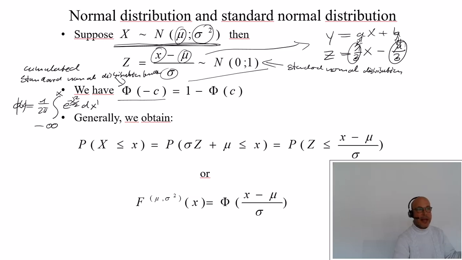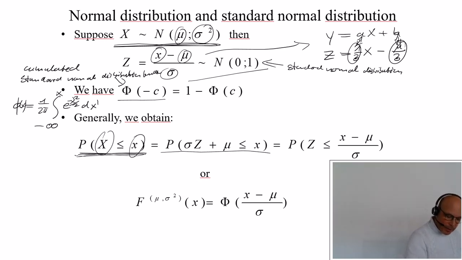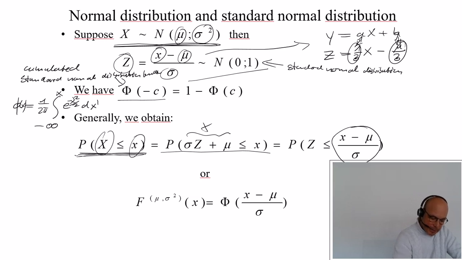Well, and then we can ask, what we are interested in: our random variable is smaller than some specific value, small x. This translates as follows. We recalculate given, set backward, our x, then this is x, and this of course translates into z being smaller than our standardized value.